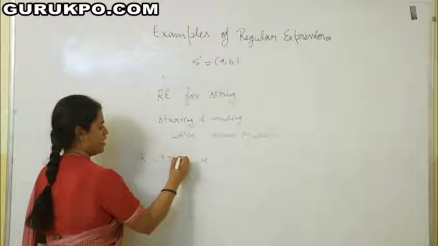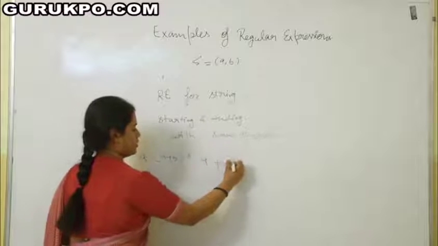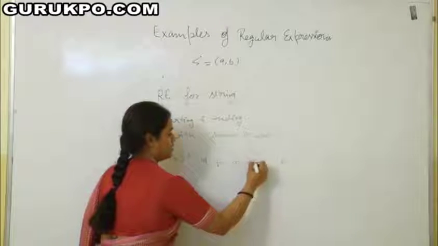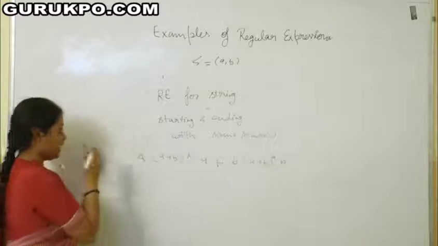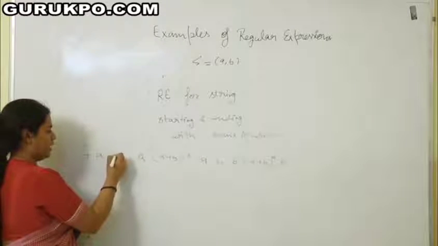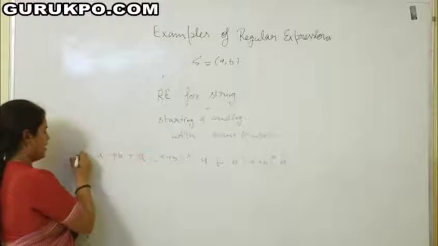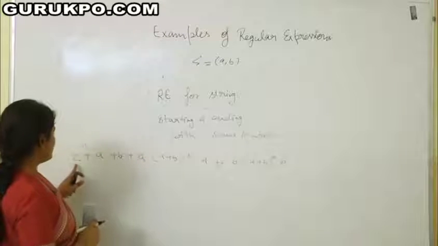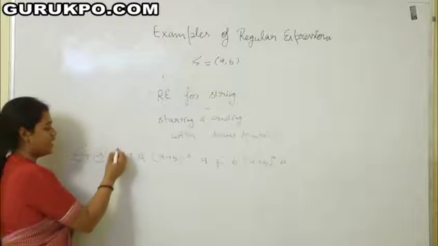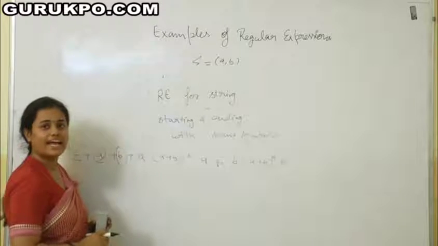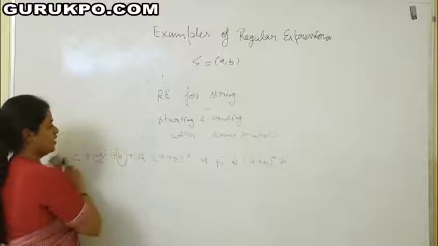A (A+B)* A + B (A+B)* B. Also mention the case that it will also include A, B and null, because A is also starting with A and ending with A, and B is also starting with B and ending with B.